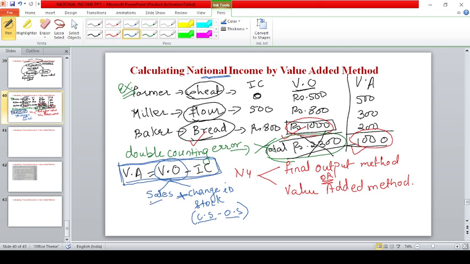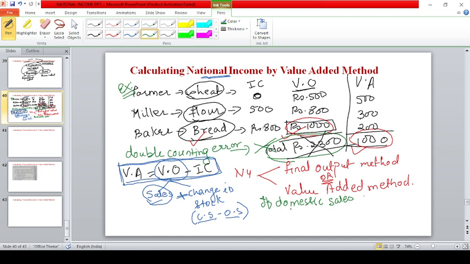Now a little bit further, let us understand about sales. When you say sales, if sales is not given to you, and in place of sales they have given you domestic sales, meaning the sale within the country. But in national income we don't take only sales within the country, we take all the sales that you have done outside the country also.